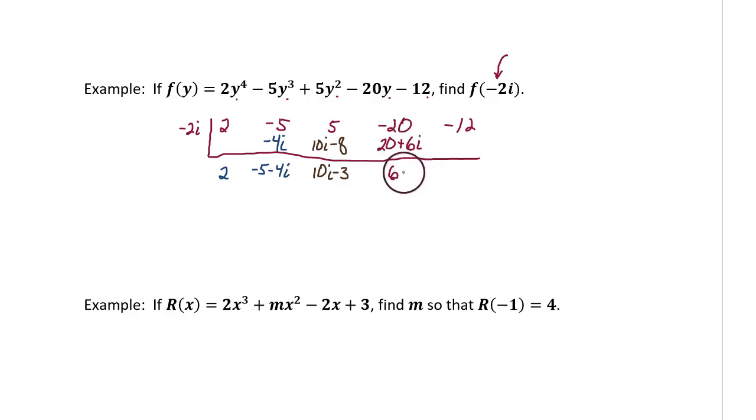So this just makes 6i. Now multiply 6i times negative 2i. And that's negative 12i squared. But i squared is negative 1, so negative 12 times negative 1 is positive 12. Then add these together, and it makes the answer 0. That last number is the remainder, and that's the answer for when we substitute negative 2i.